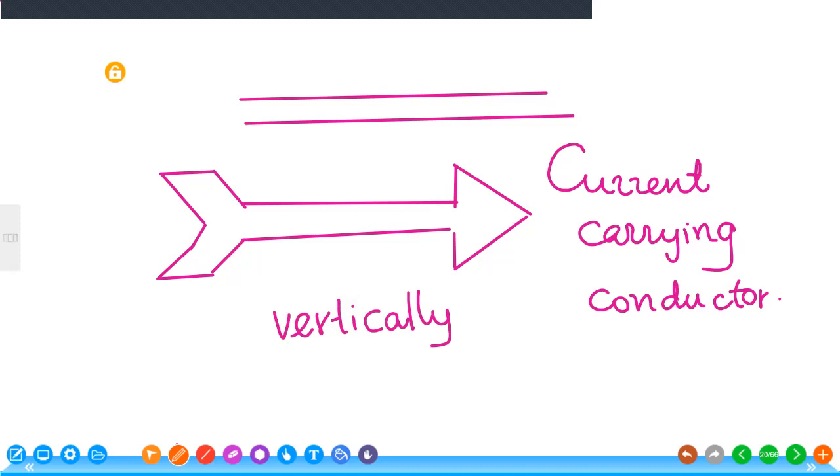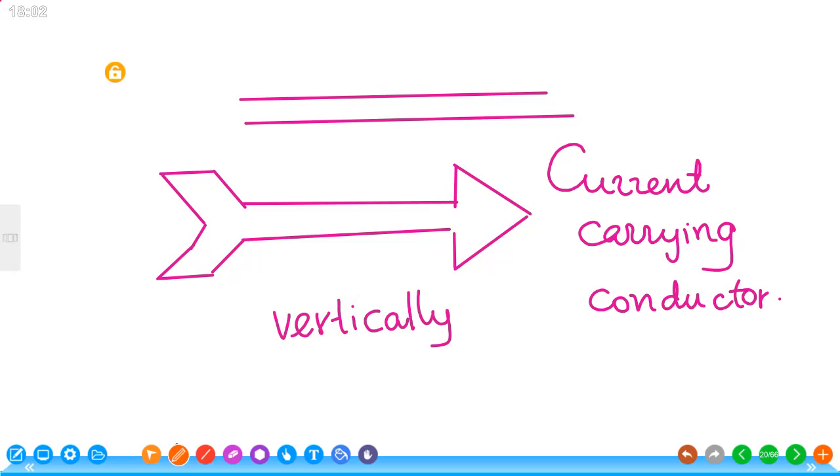If there's a current carrying conductor kept vertically, and if the current is flowing upwards, then we have to compare it with the direction of the arrow there.